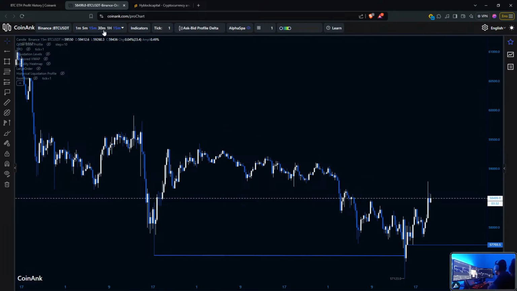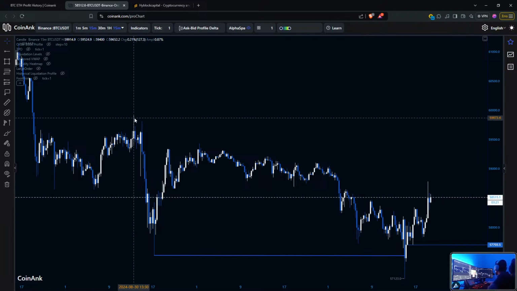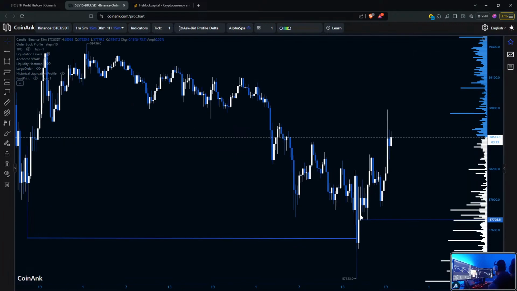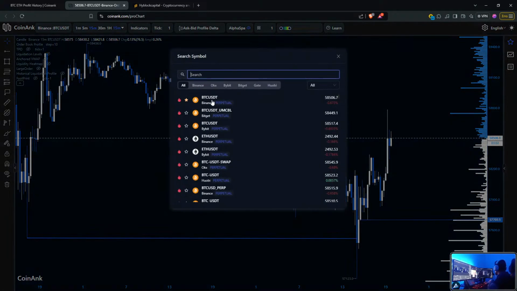Right now, we are on the 15-minute chart, and I'm not gonna zoom too much more than this for now, just because otherwise it'll be a little bit too confusing, but we'll get there, okay? So, order book profile. This basically puts up a list, graphically represented, of all the orders that exist on the current order book for Binance, because we're looking at BTC USDT perpetual on Binance, okay?